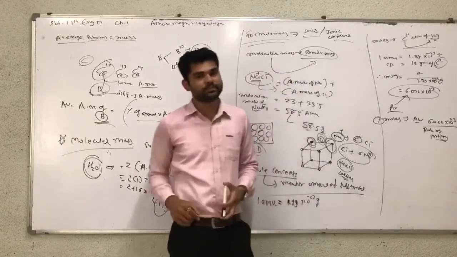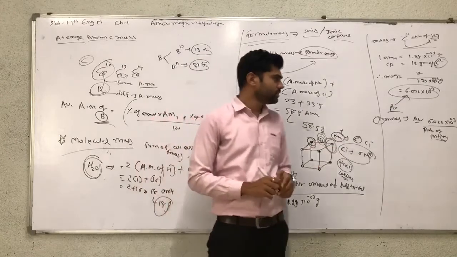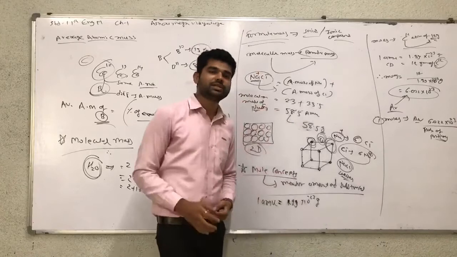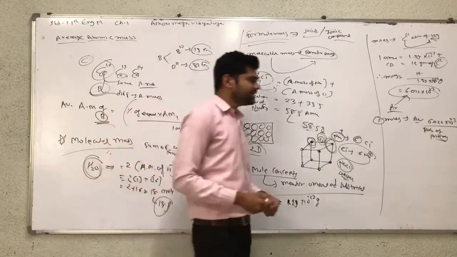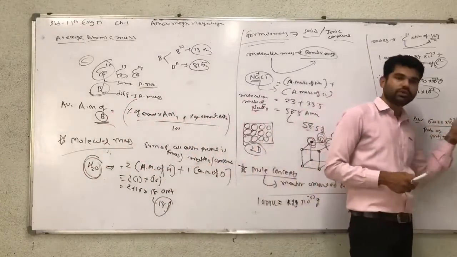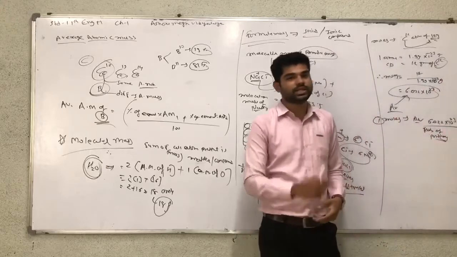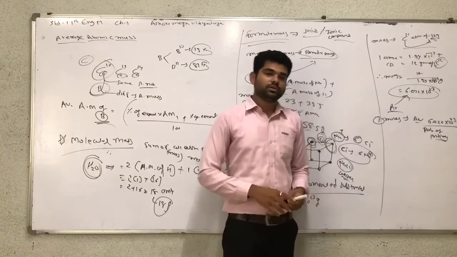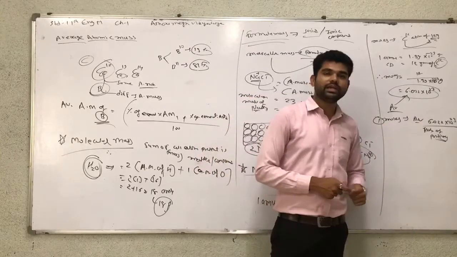It means 1 mole is equal to 6.022 into 10 raised to 23 particles present in 1 mole. But this value is very large, 10 raised to 23 power. It means 23 zeros after 1. It means a very large number.